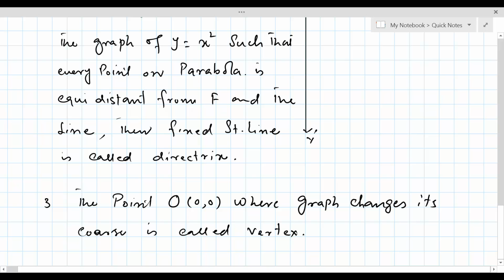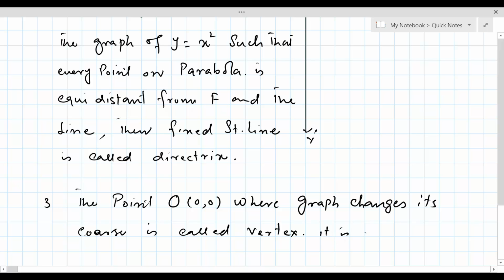Every graph, whether y is equal to x squared or y is equal to minus x squared, will have a point where the graph changes its direction. That point could be the highest or the lowest point on the graph, and it is called the vertex.